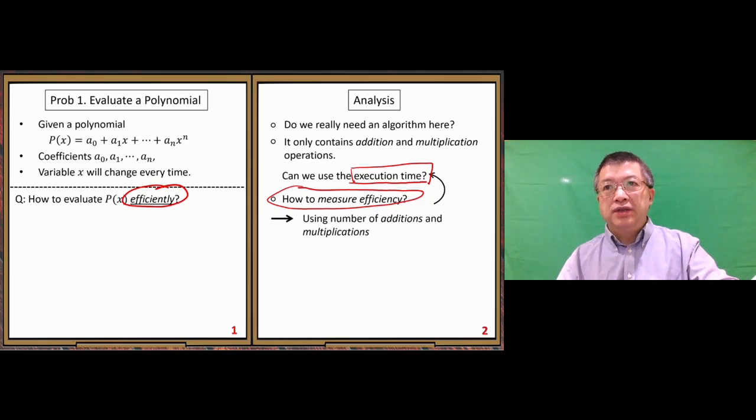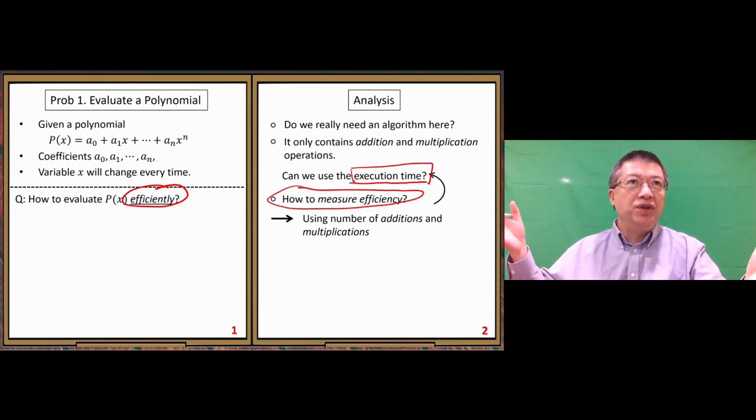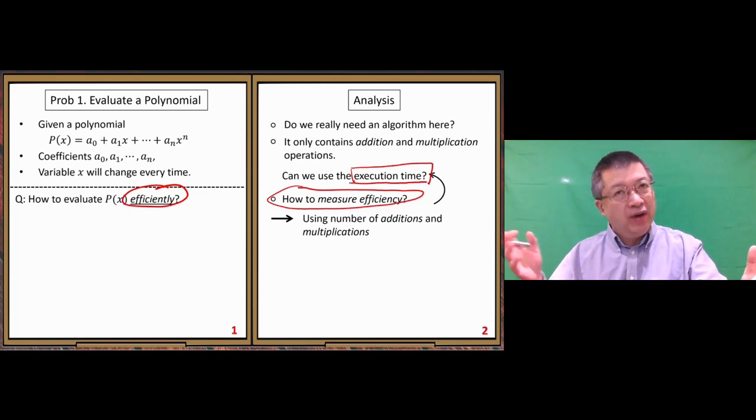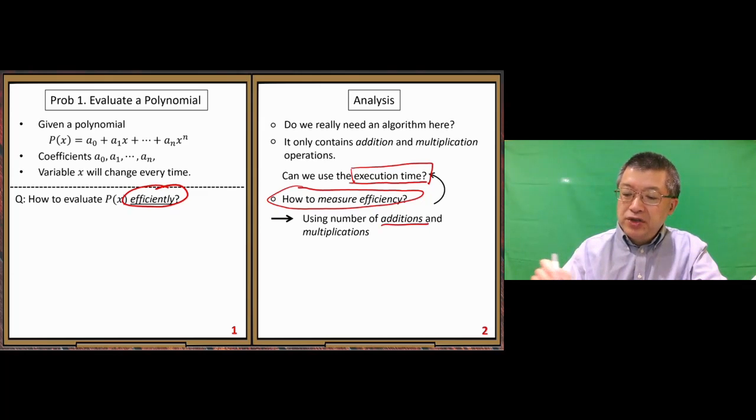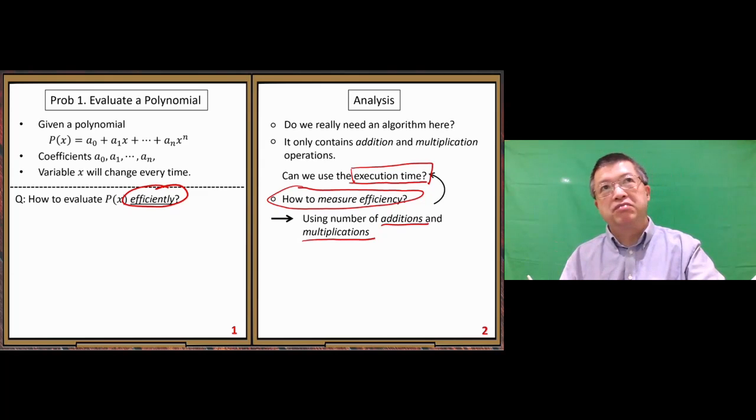All right. So then the question, you can see we have a better answer using the number of additions and multiplications. That will be a better idea because no matter what machine you use, if you count the number of additions and the number of multiplications, everyone will give me the same answer.